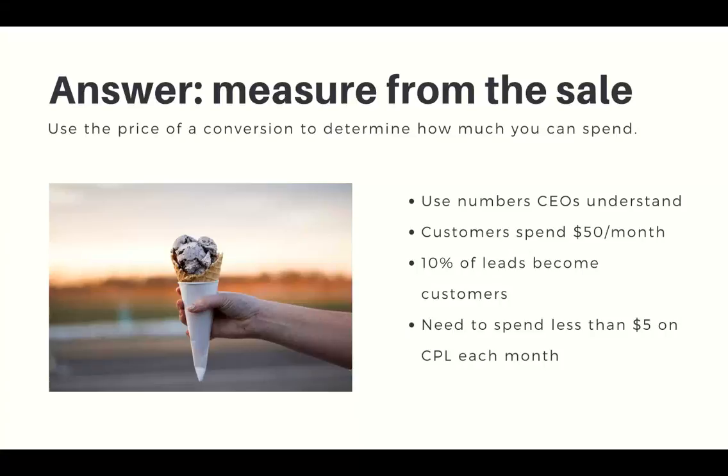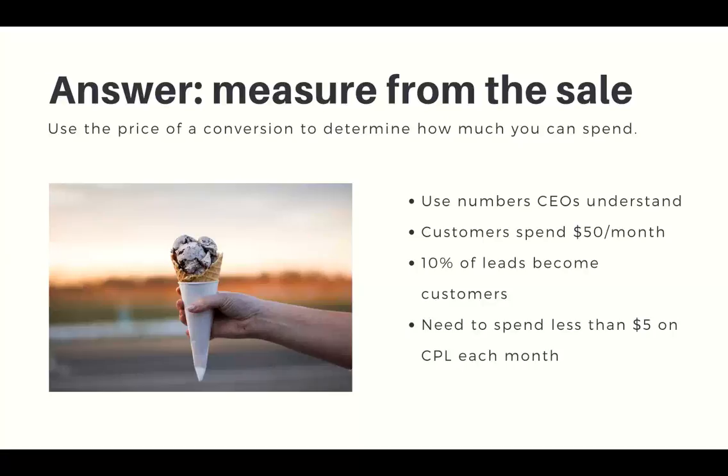If 1% of those take the next step to become leads, because maybe they give you their contact info, maybe they fill out some sort of a form, maybe they download an ebook. If 1% of those become leads, how much money can you spend on each one of those? So then you figure out what's a penny on the dollar for $5? 5 cents. All right? Sort of clear where we did that.